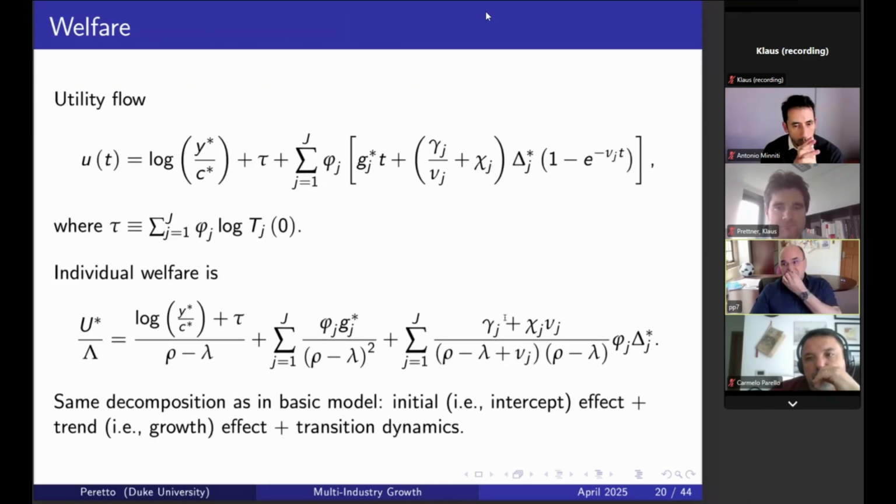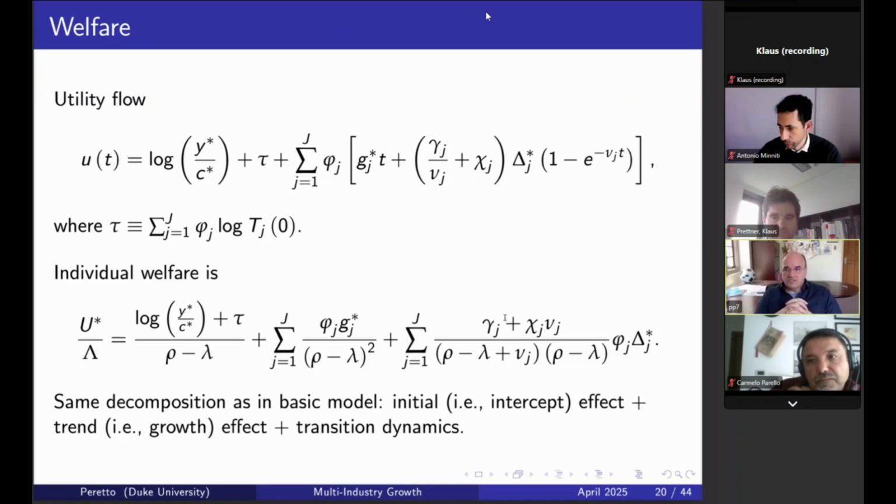By the way, going back to Carmelo's question about policy, this in fact tells you that in this world, policy has two margins of action. You can think about policies that induce industries that already invest to invest more and grow faster.